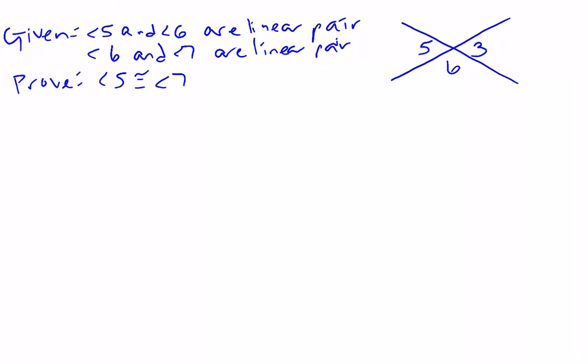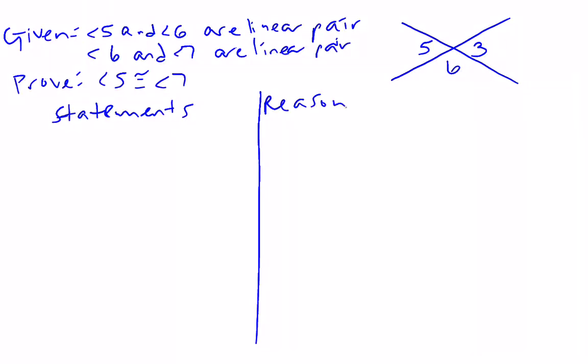So we are going to do our two-column proof. You always start off with your givens. So I have my statements and my reasons. You could kind of look at how much room I've blocked off for you. This is going to be a really short proof because I just proved the linear pair postulate.